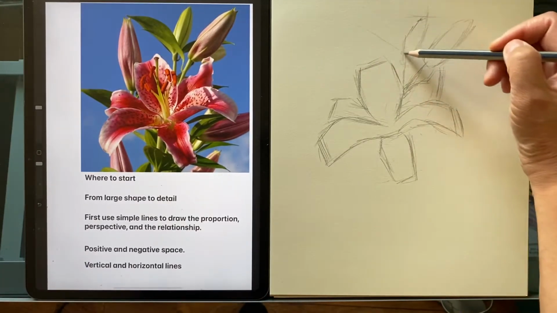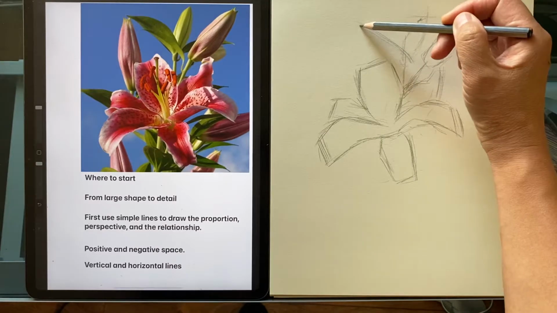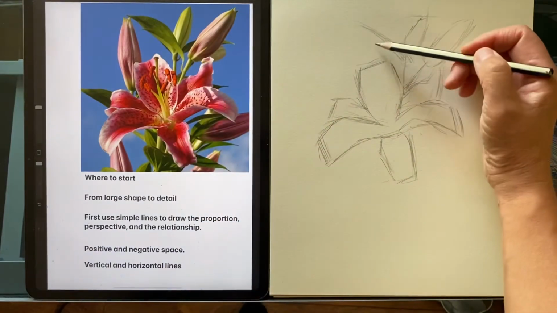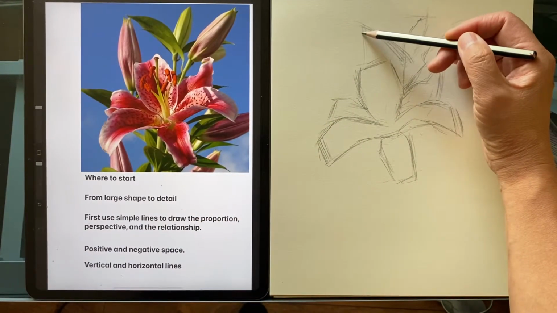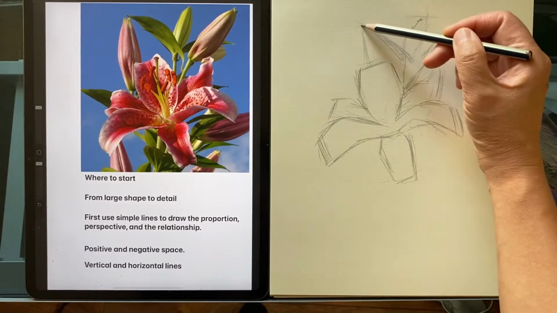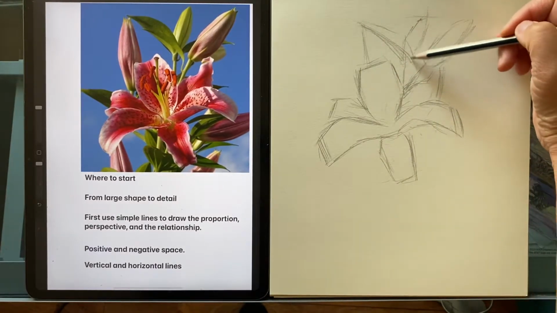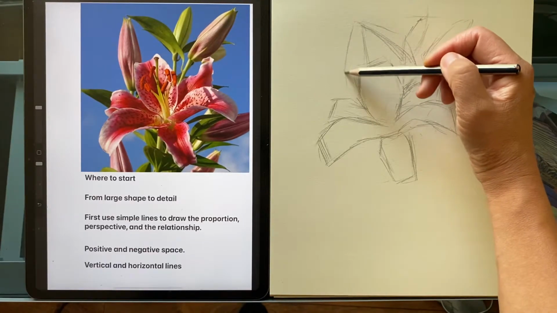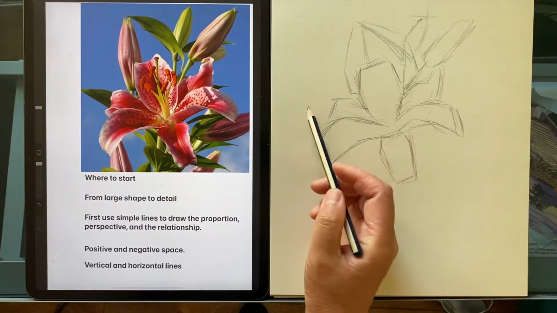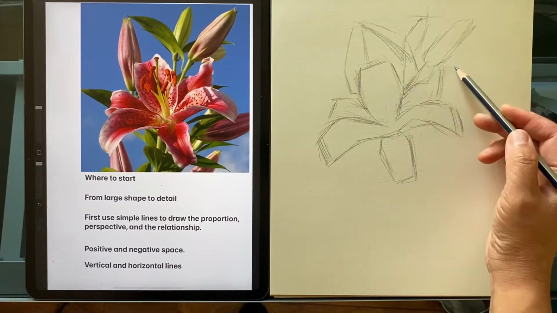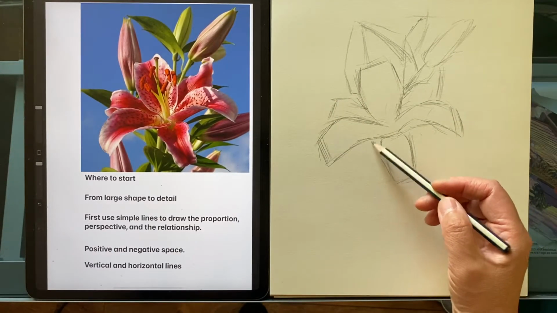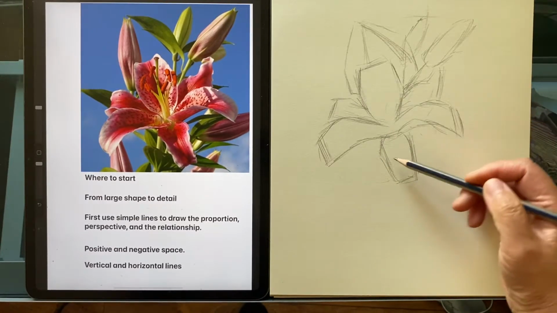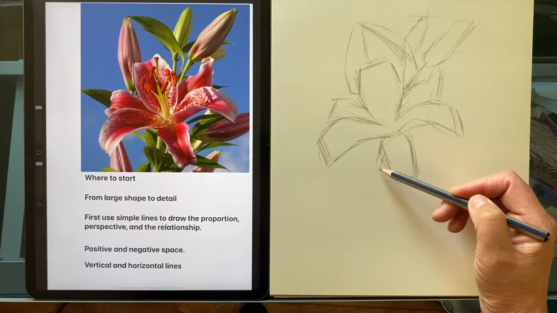Then there is the leaf goes right like here. See, now I'm seeing that negative space. So that's right here. See, I'm mapping everything out. Okay, now we got this, and now something comes from here.